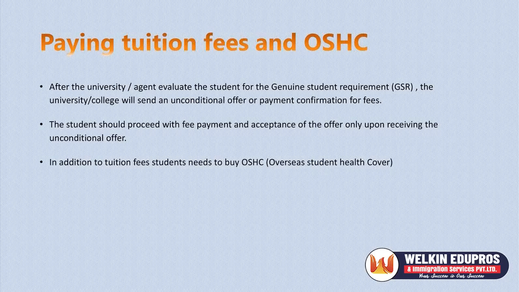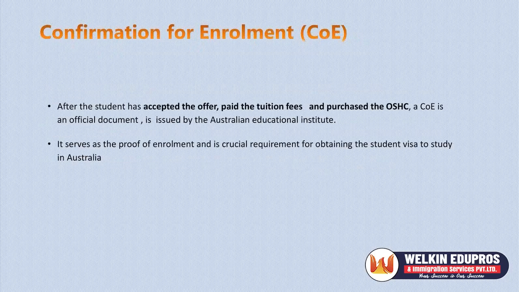Along with the tuition fees, a student also needs to purchase the OSHC, which is Overseas Student Health Cover, for the next process of applying for the COE. Moving on to the next point. After the student has accepted the offer letter, paid the tuition fees and purchased the OSHC, a confirmation of enrollment, that is a COE, is an official document issued by the Australian educational institute.